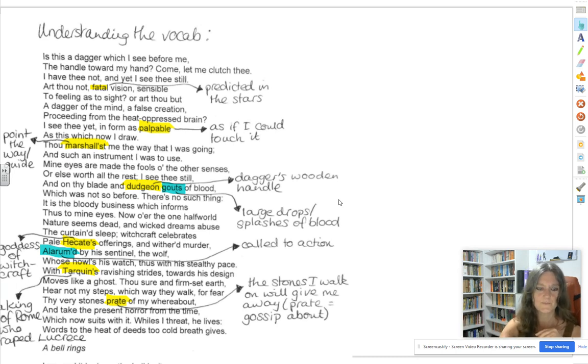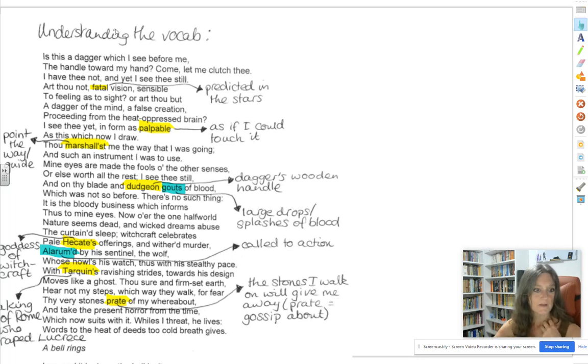I can't get hold of it. But he's saying it's a fatal vision, and the handle is towards my hand. So it's like a sign that me being meant to kill King Duncan is predicted for me in the stars, and I've got to go through with it. I can't escape my fate, and this is telling me that I've got to go through with it.